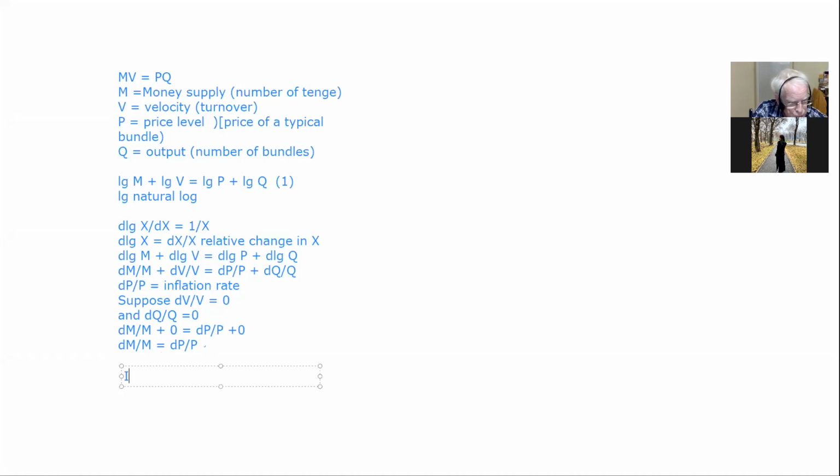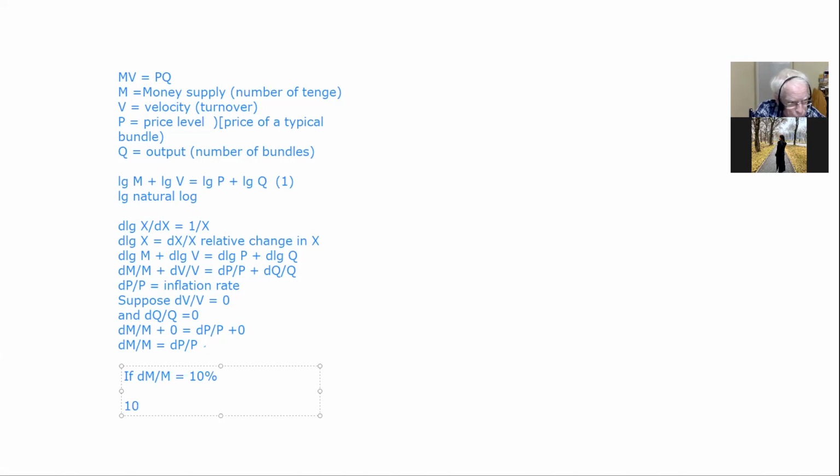So if the money supply is rising 10%, then from our expression right here, that sets to zero the rate of change in velocity and output.